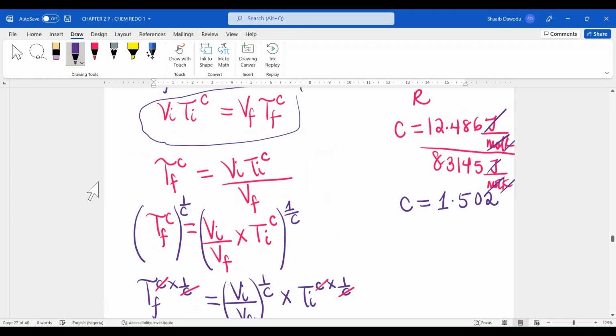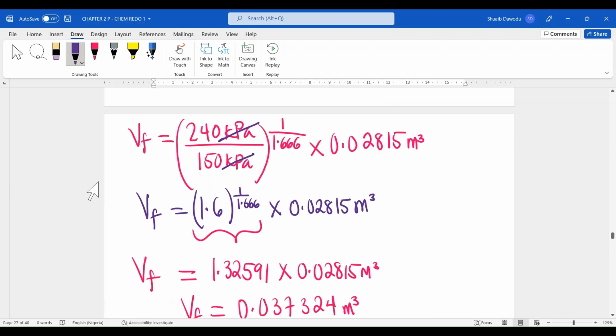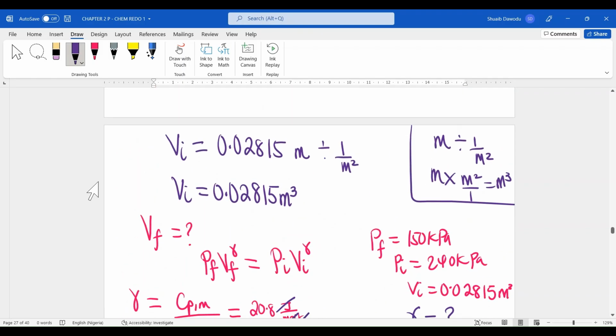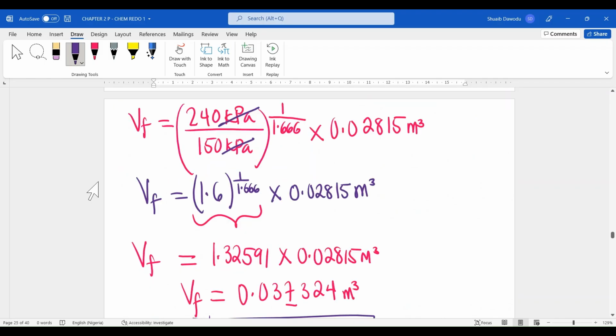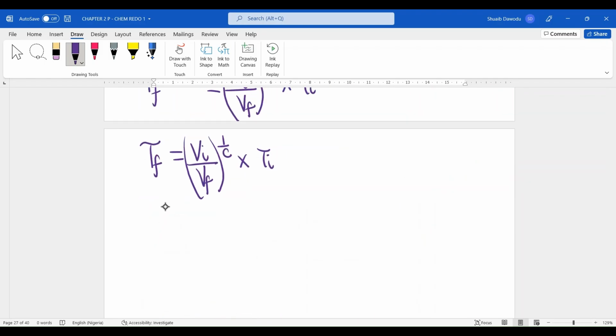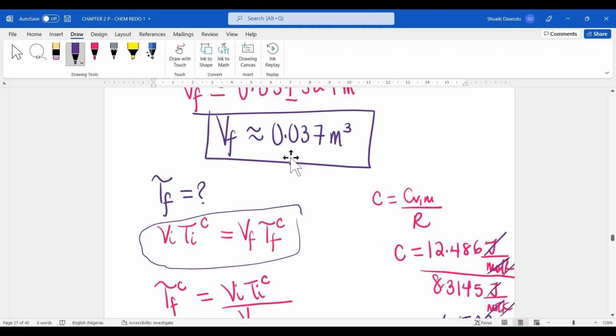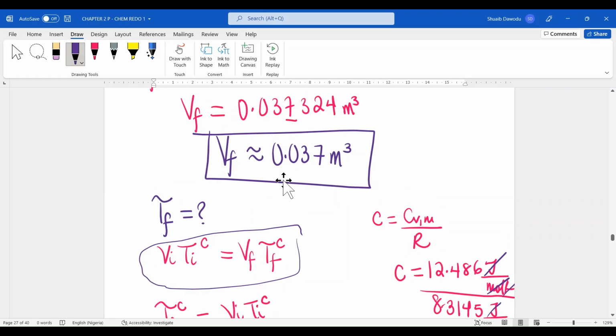And of course, to determine the final temperature, we just substitute. We have V initial to be 0.02815 meter cube. So T final is 0.02815 meter cube divided by V final, which we calculated to be 0.037324.